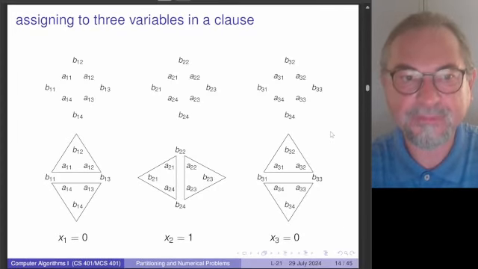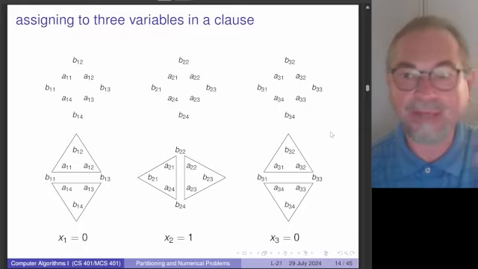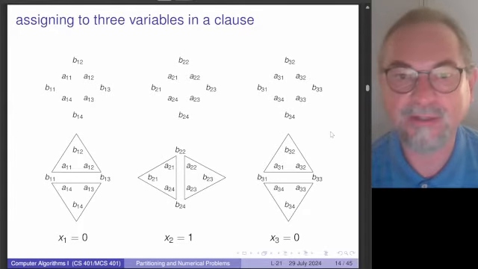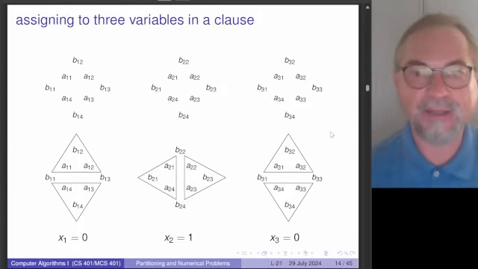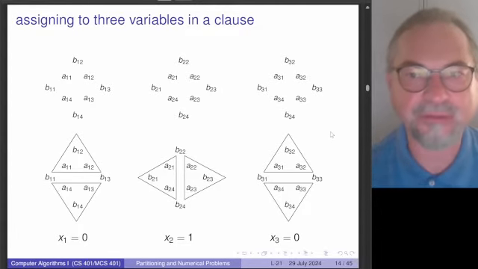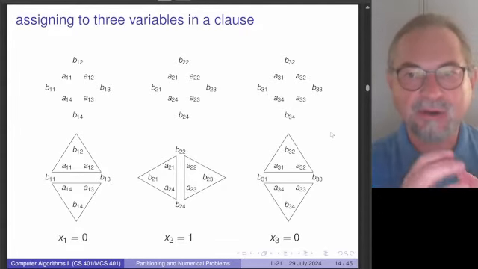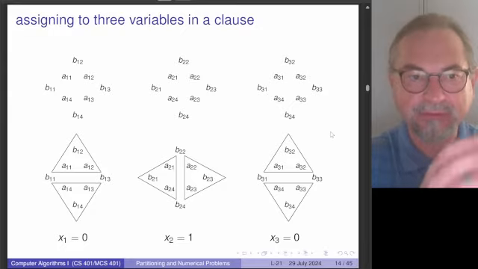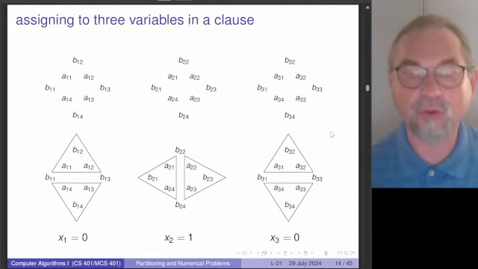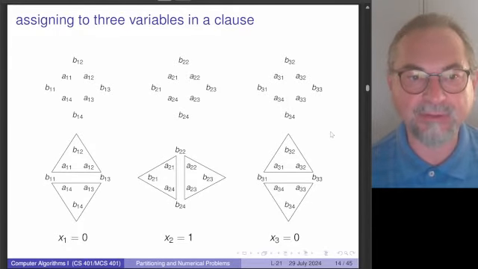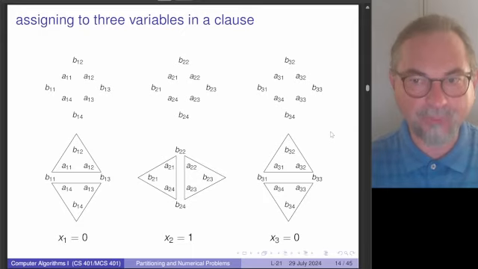So let's continue here. What happens if we have 3 variables? Then we have 3 gadgets. The first index of the core and the tips corresponds to the corresponding variable.